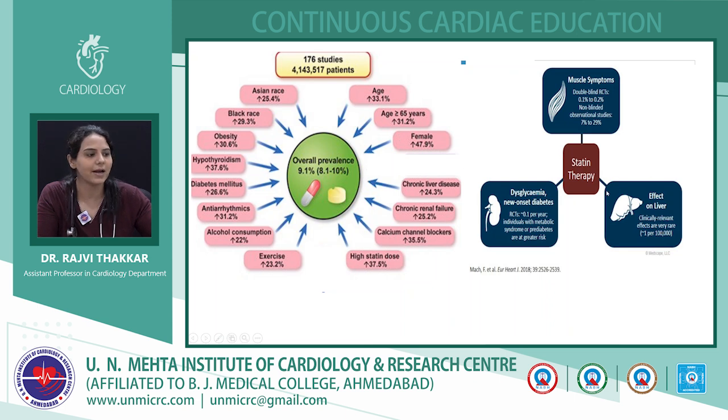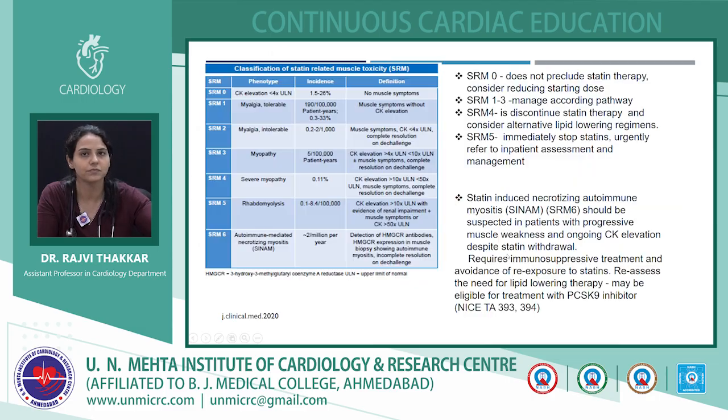Statin therapy leads to muscle symptoms like myalgia, myopathy, rhabdomyolysis, liver side effects with raised enzymes SGPT and SGOT, and dysglycemia. There is an increase in HbA1c in patients on rosuvastatin therapy in the JUPITER trial.